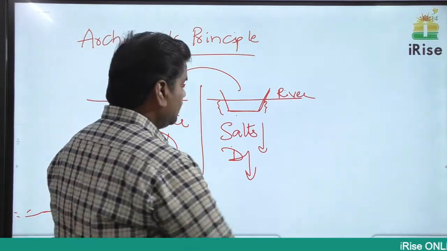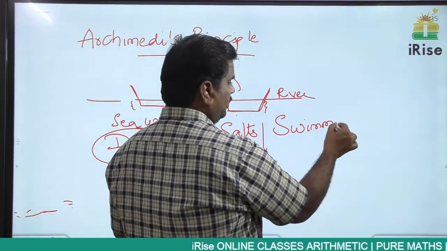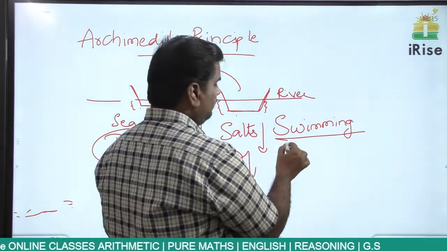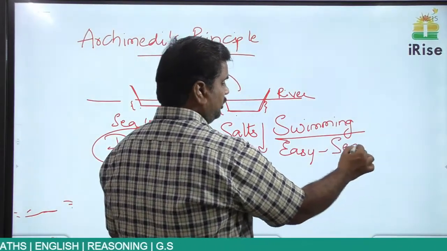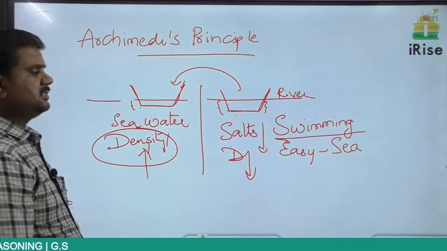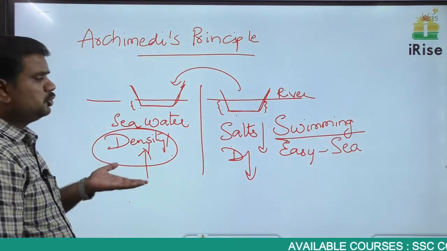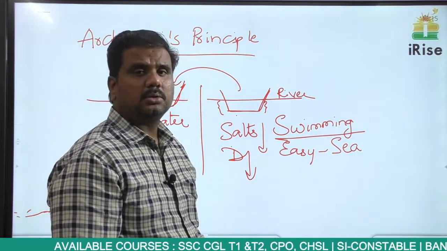At the same time, when talking about swimming, swimming is easy in sea water because sea water has high density. That is the reason why the body will be pushed upwards, as a result of which swimming is easy in sea water.